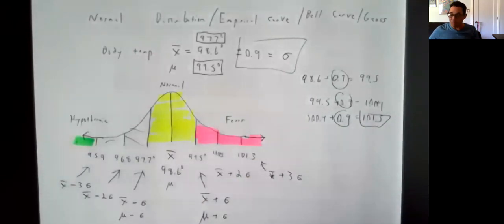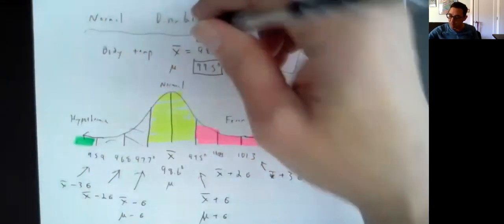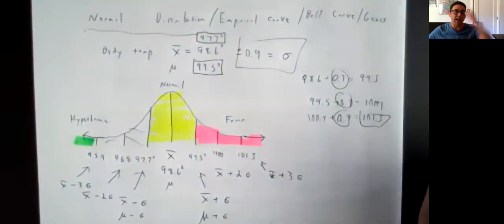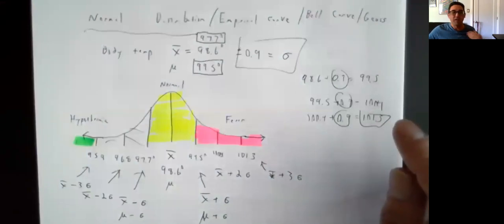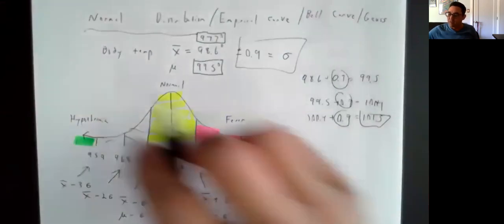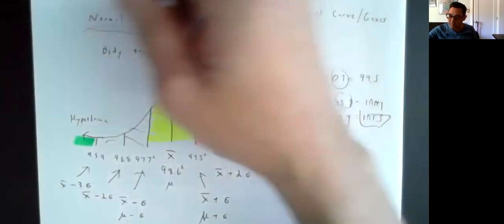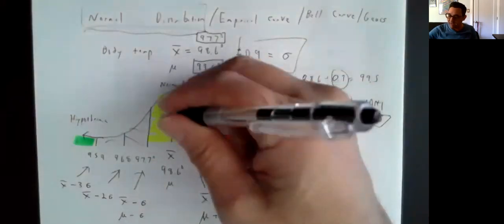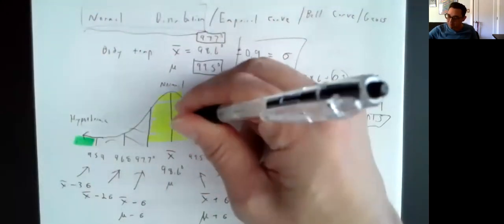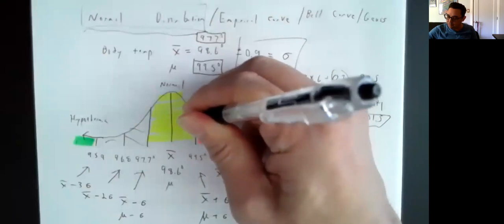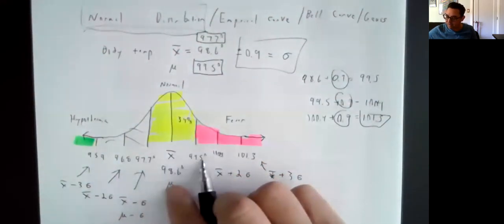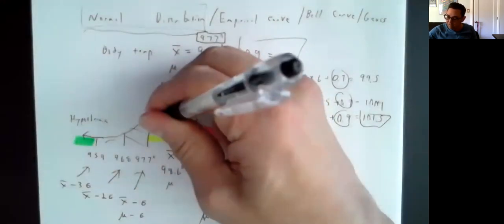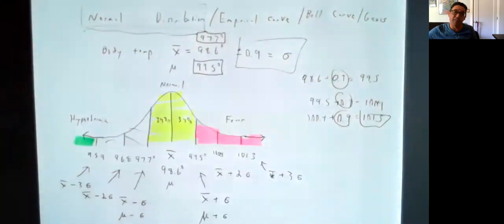Now, it turns out that if you have a normal distribution, and to be honest, not everything follows a normal distribution, but many things do. Some things do, some things don't. I'll give some counter examples in a moment, but we're only going to work with normal distribution, right? And it turns out that about 34% of all people are between 98.6 and 99.5, and 34% of people, approximately, these are approximations.